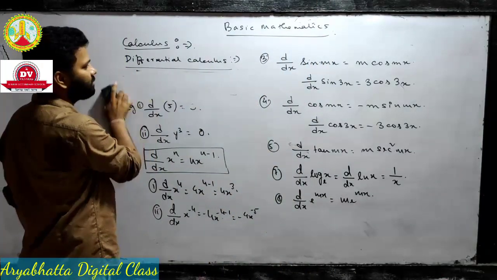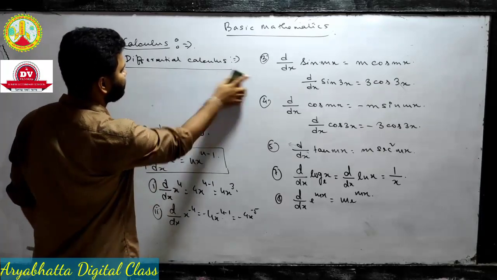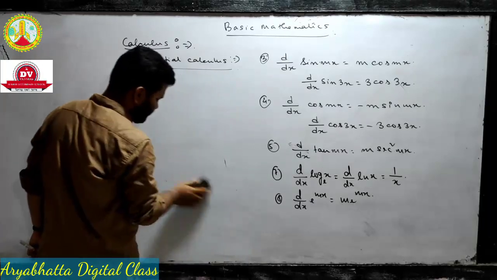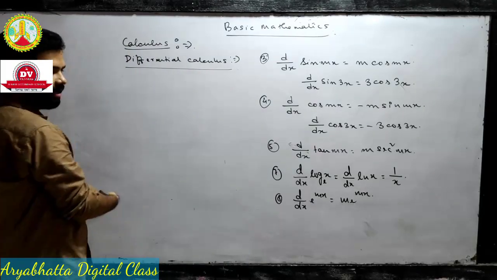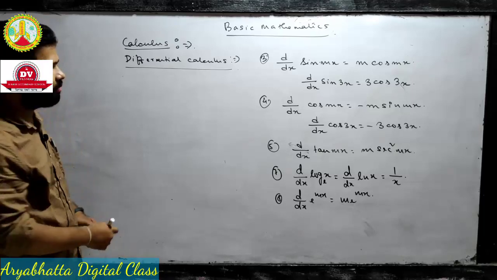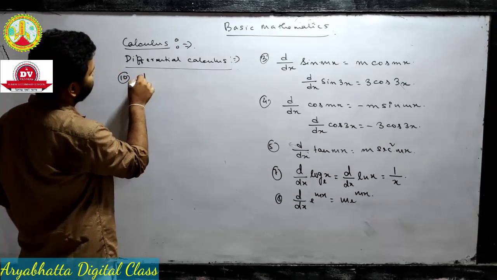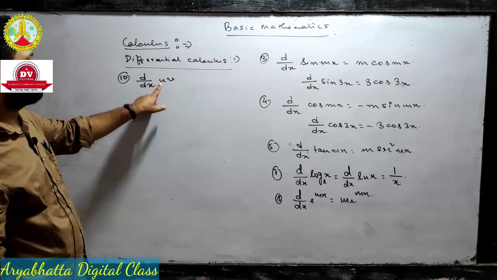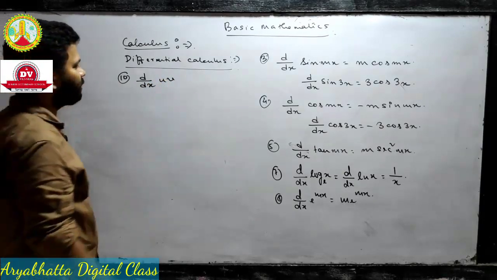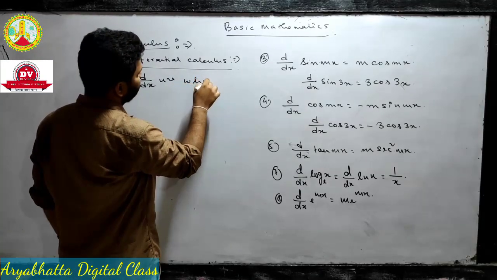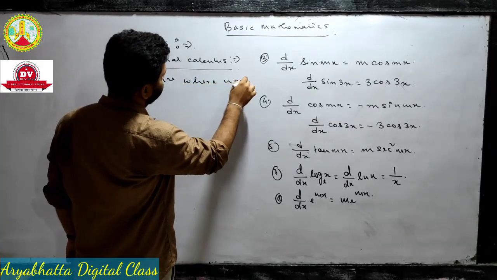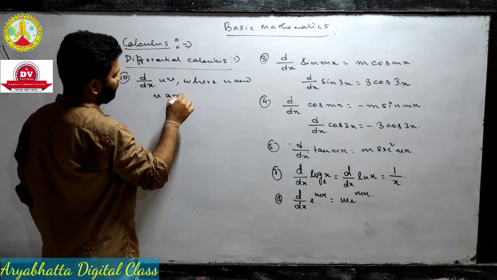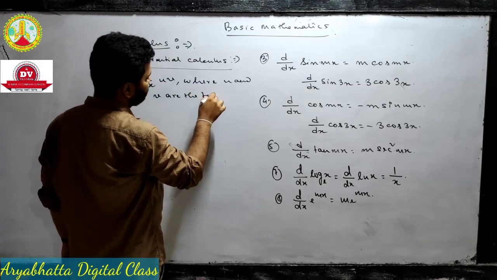These are the formulas. And a few more. The next one is number 10, which is another important one, d/dx of uv. Look, what is the variable? x. What are the terms here? u and v, where u and v are functions of x.